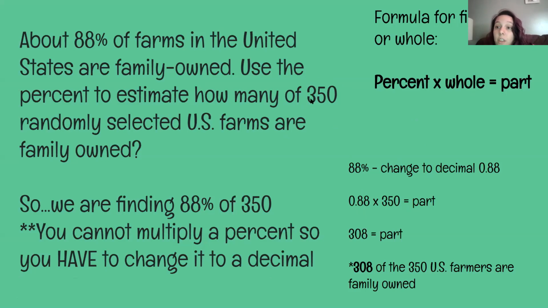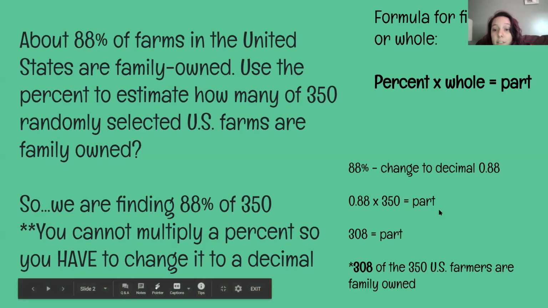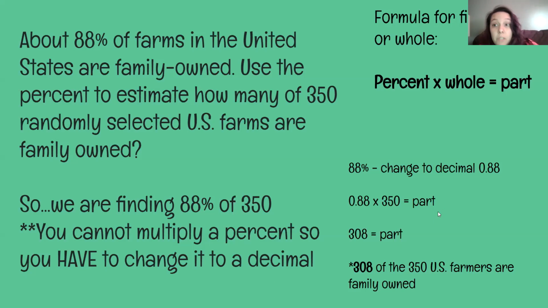There are a total of 350 farms, and they're trying to find out how many, specifically the 88% of the 350, are family owned. So what I'm trying to find is the part. For this lesson, all you are finding is the part. You only fill in the percent and the whole, and the part will be your answer.